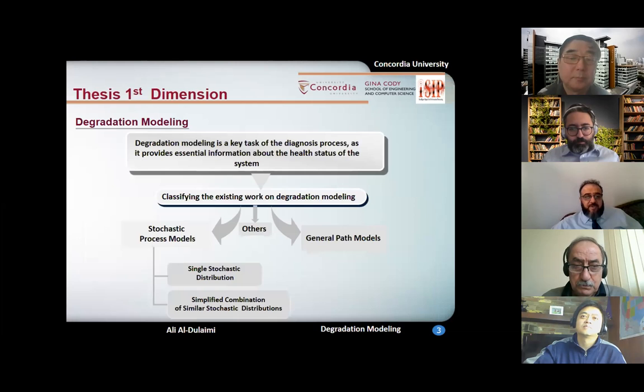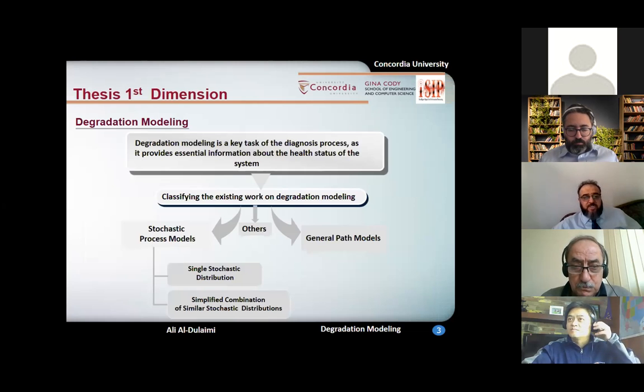That will take us to the first dimension of my thesis, which is the degradation modeling. So what is degradation modeling? Modeling is a key task of the diagnosis process, as it will provide essential information about the health status of the system. The existing work on degradation modeling can be classified mainly into two categories: either stochastic process models or general path models.